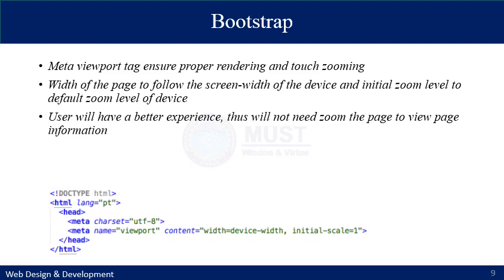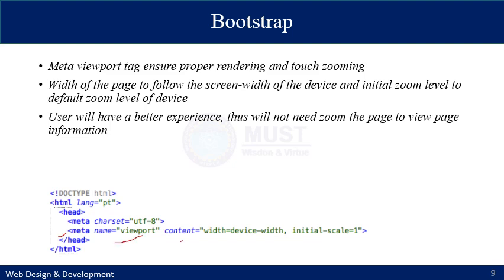One important aspect of Bootstrap is the meta viewport tag. It ensures the proper rendering and touch zooming. So the width of the page follows the screen width of the device, and the initial zoom level is the default zoom level of the device. So a meta tag is defined with the name viewport.